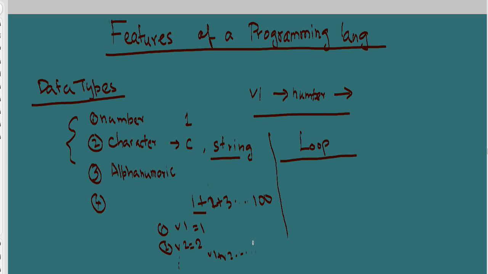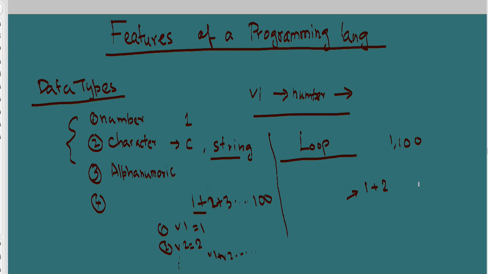Or you can think, I know I have to calculate from 1 to 100, so why not define an array up to 100, or repeatedly add the first number to the next number, and do it repeatedly till you reach number 100.